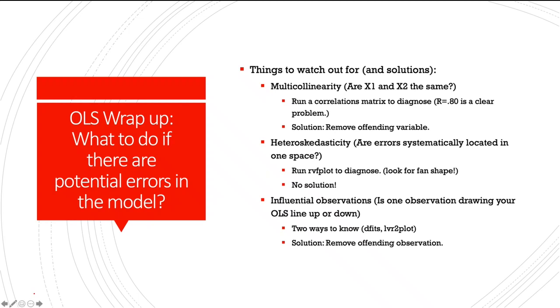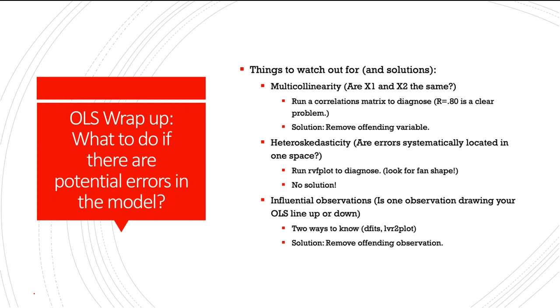One, you can diagnose this by looking at your correlations matrix. If you haven't already done one by now, then we obviously need to have a talk, but if you haven't done one by now, do a correlations matrix, look at how your independent variables relate to each other. Typically, a correlation coefficient of 0.80 or higher is a very serious problem. These are very closely related.